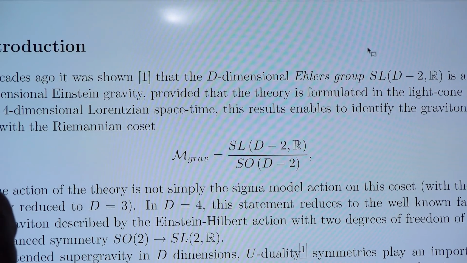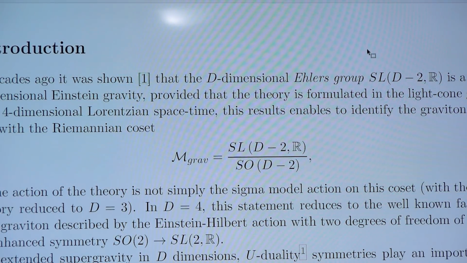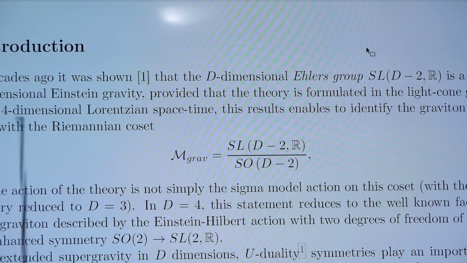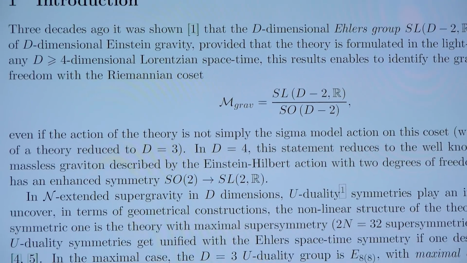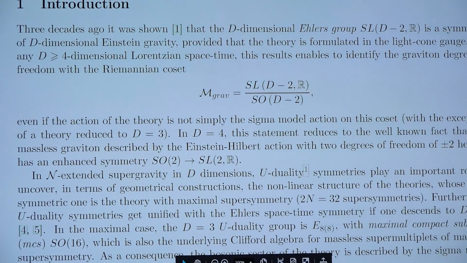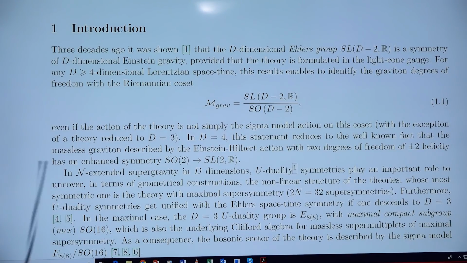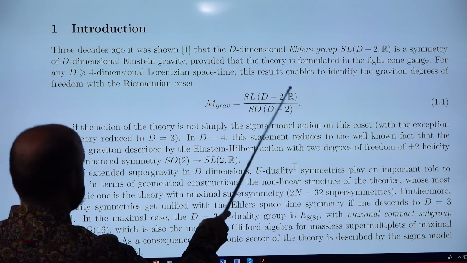And this has a consequence at the level of the description of the graviton. The degrees of freedom of a graviton in a d-dimensional Lorentzian space-time, of course we are considering Lorentzian signatures, so one time and a certain number of space-like dimensions, are parameterized by this coset.